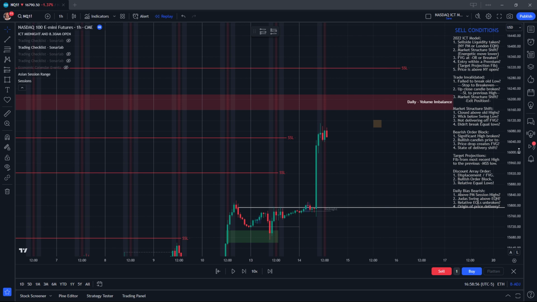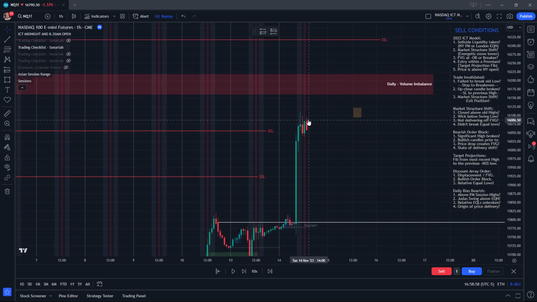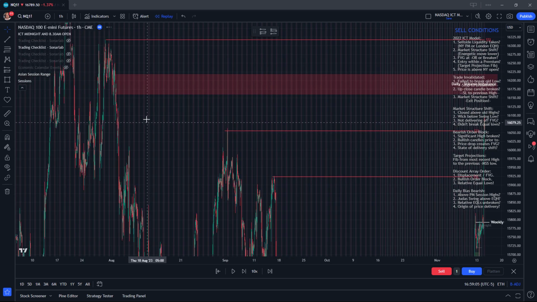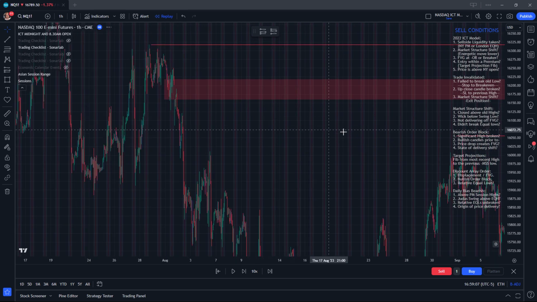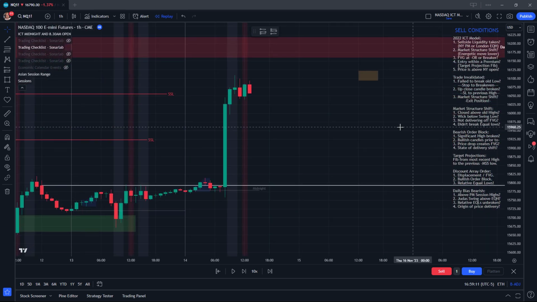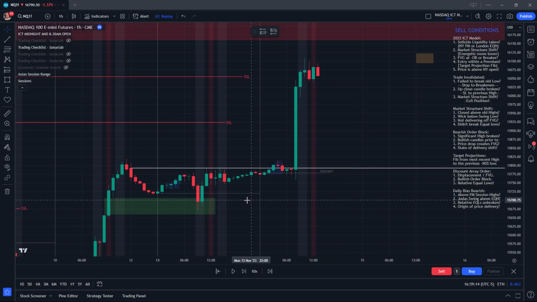So if we wanted to enter a short position here, we'd need to see some evidence that it was rejecting something, but that's really too far back. So the only place I can see price originating from is from here.